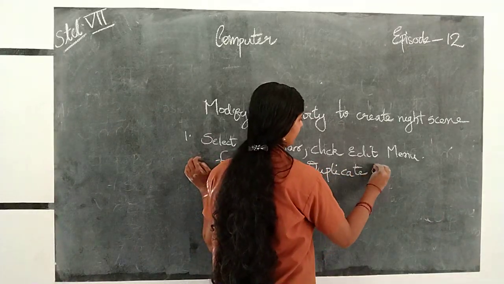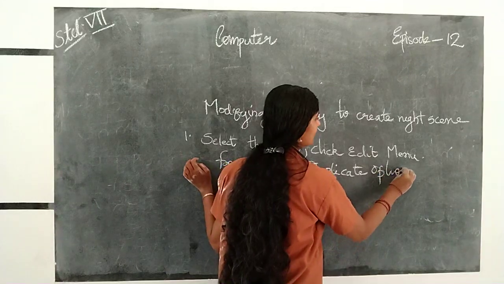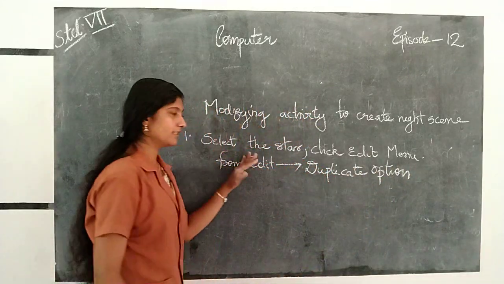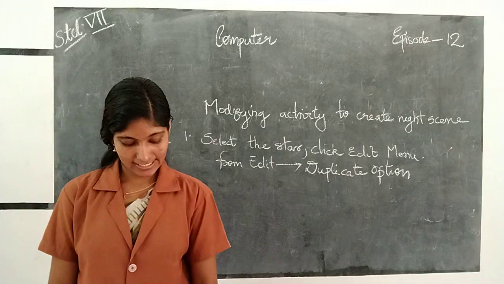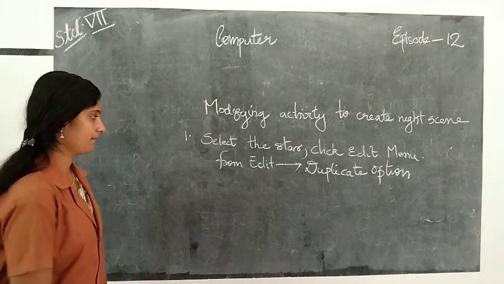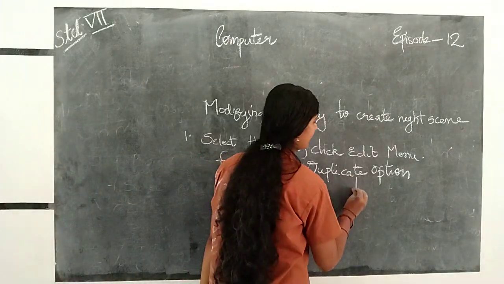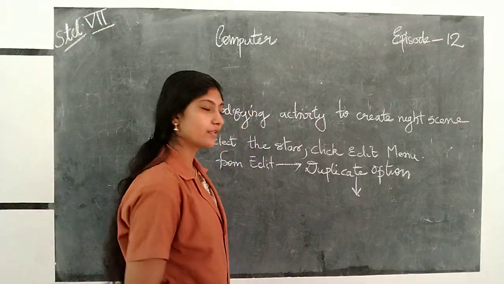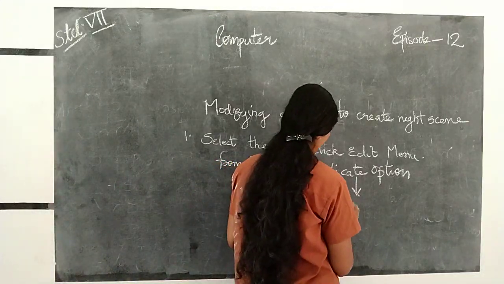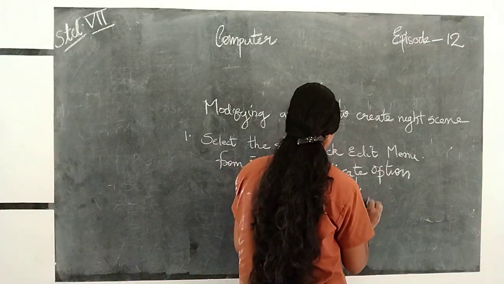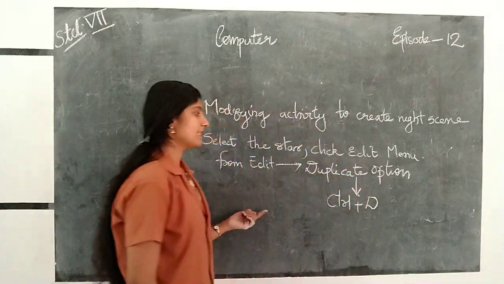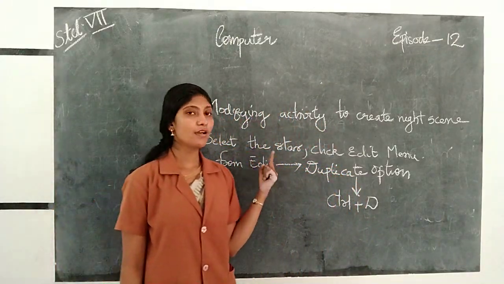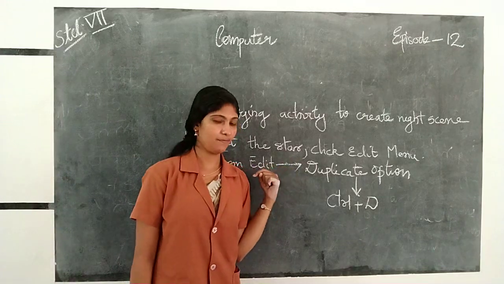Duplicate option. So there is a shortcut key for this purpose. That shortcut key is Ctrl plus D. So for the duplicate option, there is a shortcut key Ctrl plus D. Ctrl plus D is the shortcut key used for duplicating a shape.